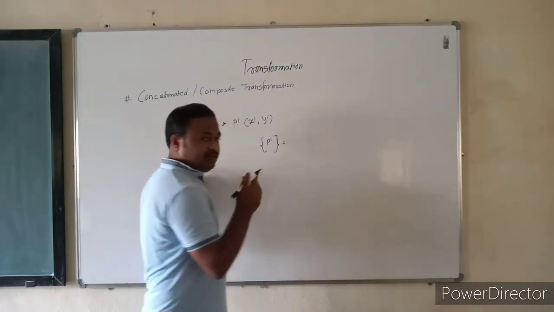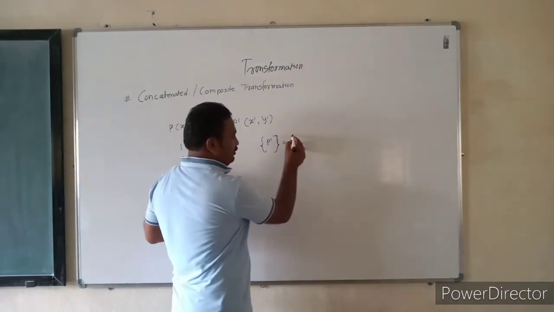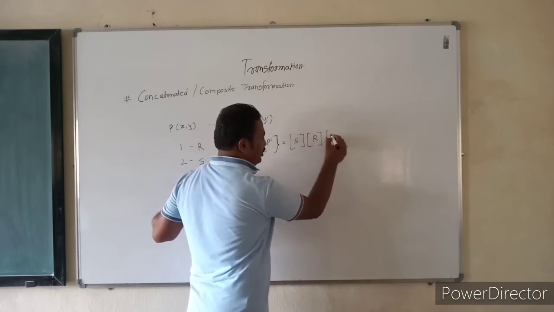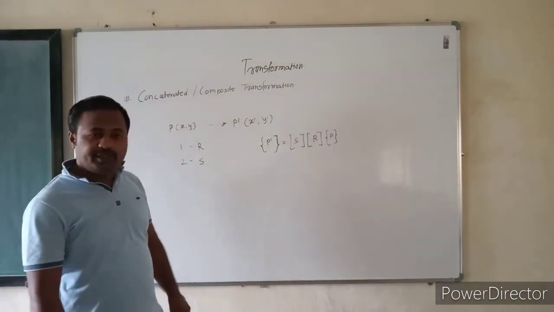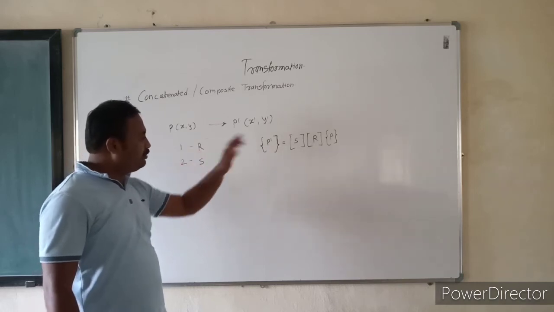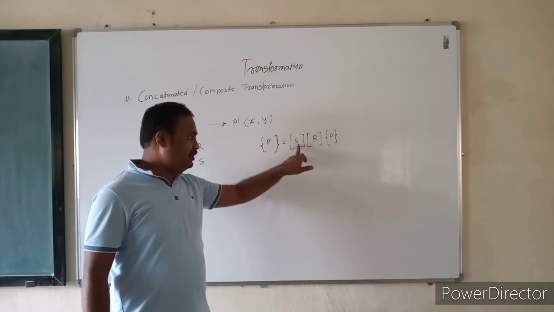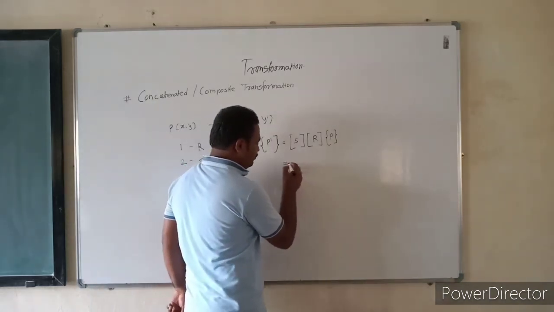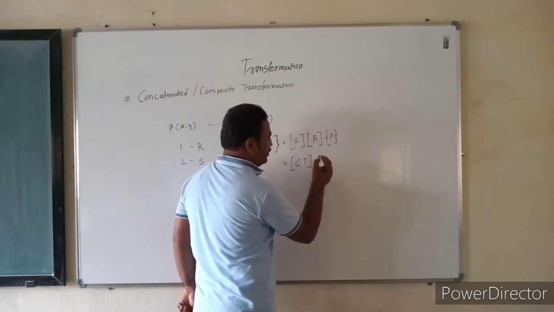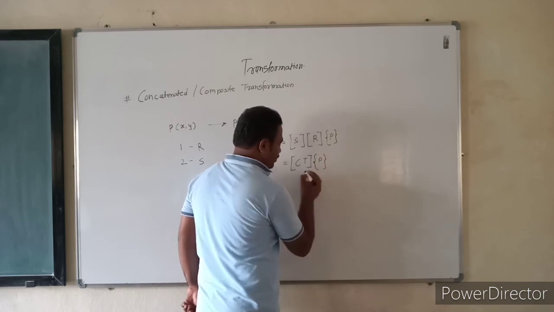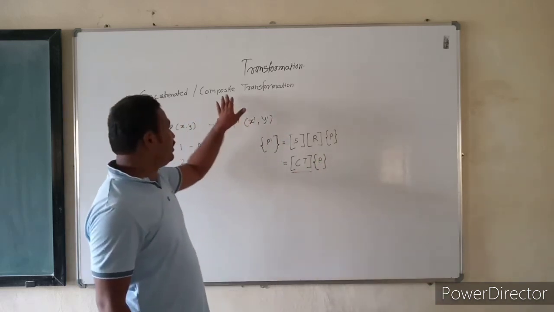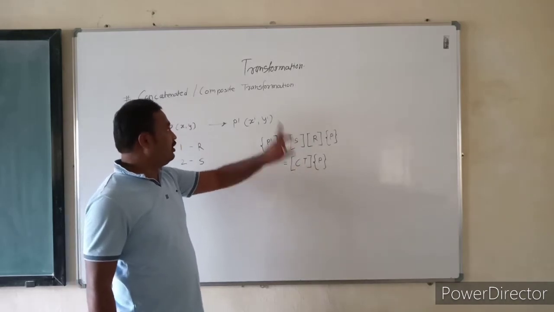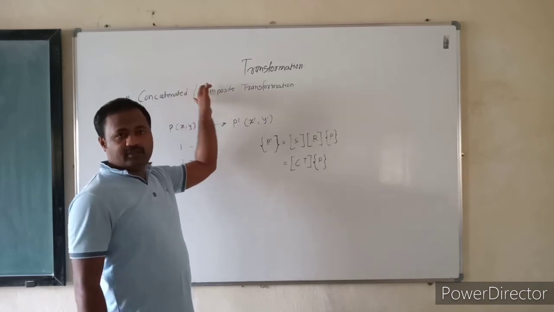In multiplication you take the reverse order: first the scaling matrix, then the rotation matrix, and last the original point coordinates P. Then it becomes CT, the composite transformation, times P. This is called the matrix for composite or concatenated transformation.